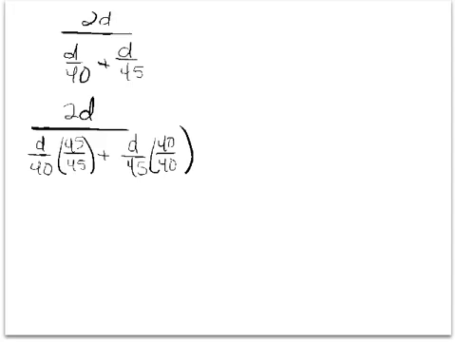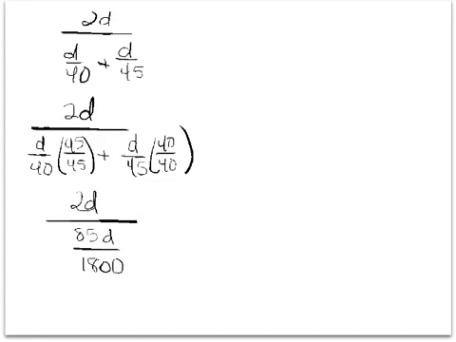So I have 45d plus 40d equals 85d, 2d over 85d over 40 times 45, 1800.